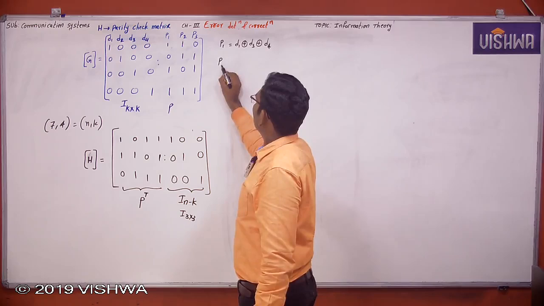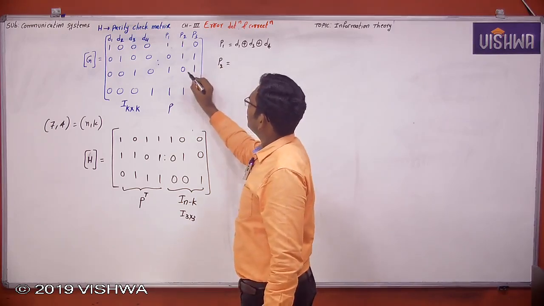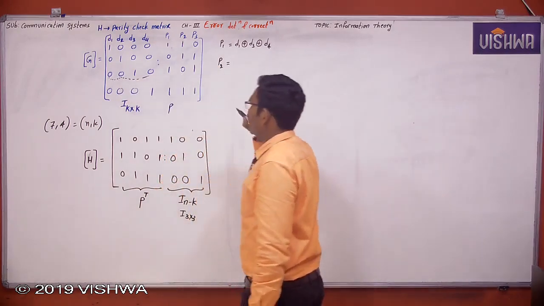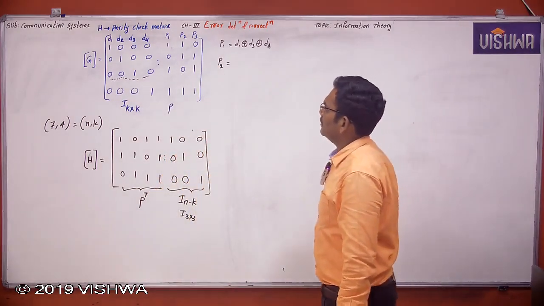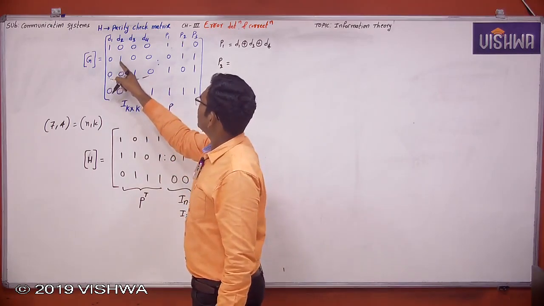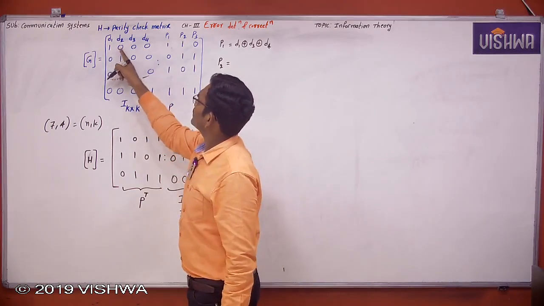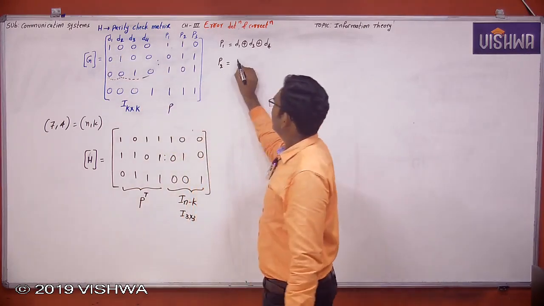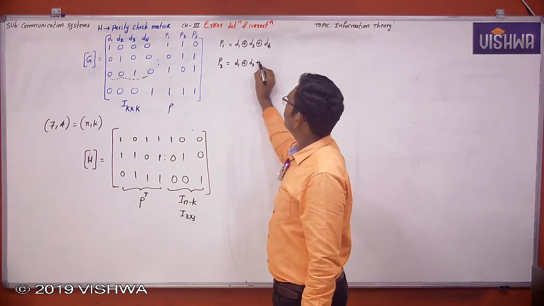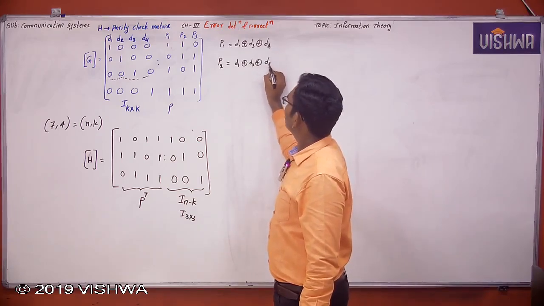Now P2, parity equation 2. Where there is a 0, 0 means this one and this one. So first, second, last is 1. Matching. D1, D2, D4.